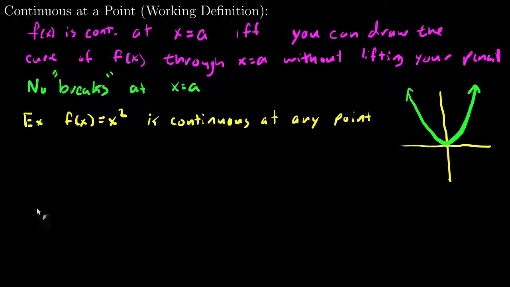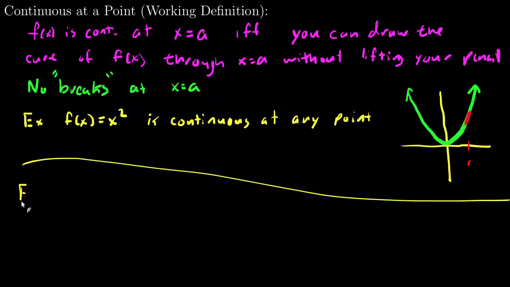And if I consider some point, let's say at x equals 1, I can draw this curve through 1 without having to pick up my pencil. So f of x is continuous at x equals 1.